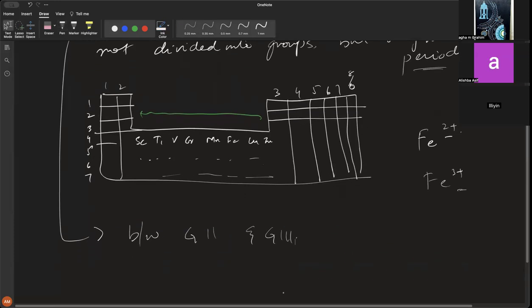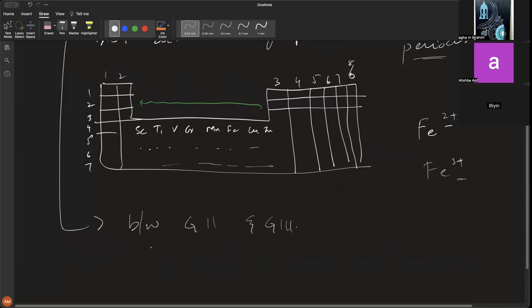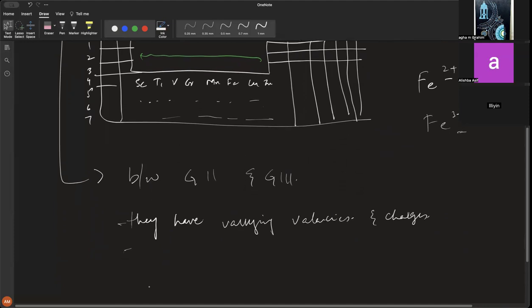The reason they are not in any groups but are divided into periods is that they have varying valencies and charges, but a fixed number of shells. Secondly, they also have a fixed number of protons and electrons.